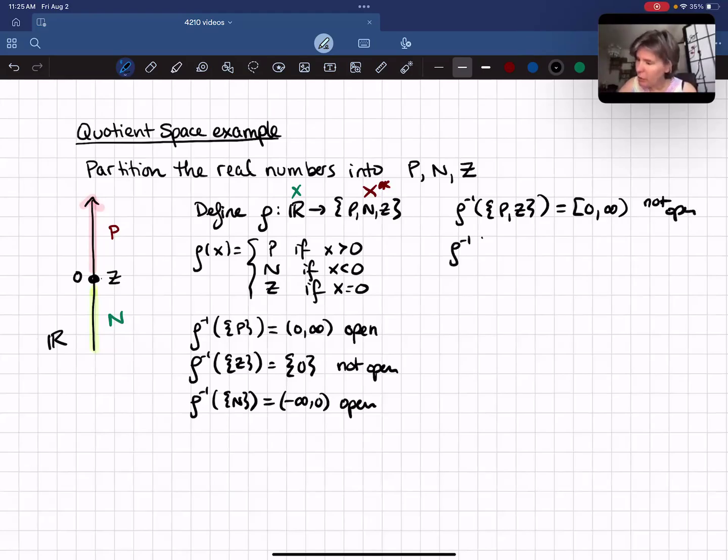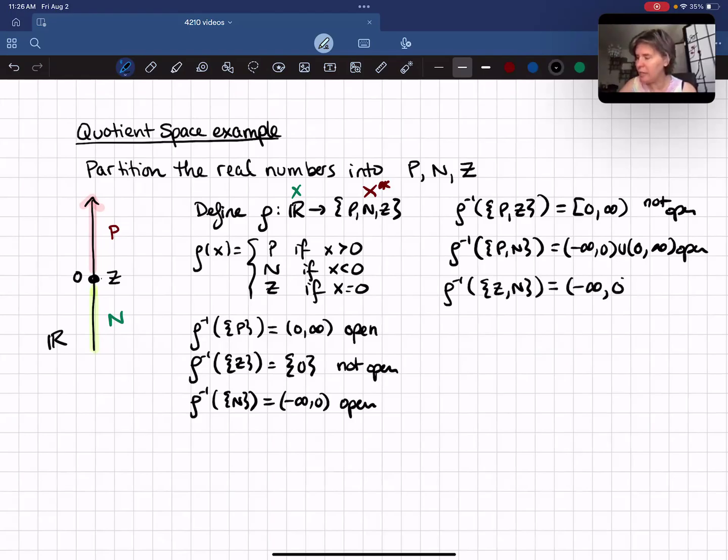If I did rho inverse of P and N, that would be negative infinity to 0 union 0 to infinity, which is open. And if I did Z and N, that would be the interval from negative infinity to 0, including 0, which is not open. Since there are 3 points, there should be 8 subsets, but the 2 that we're missing are the empty set and the whole space. Those always have to be in your topology.